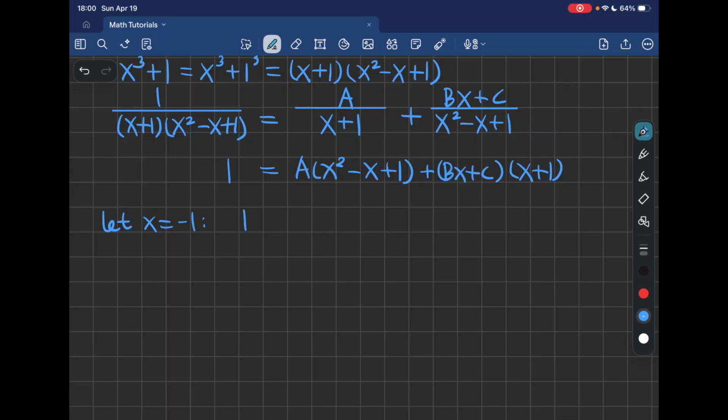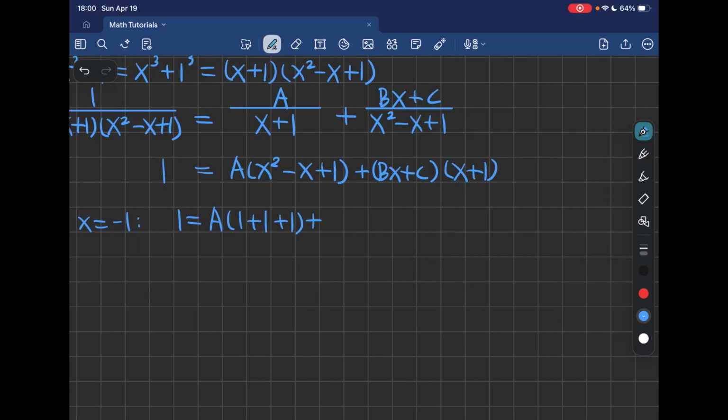So we will have 1 equals a times, we have 1 plus 1 plus 1, plus I have negative b plus c, then negative 1 plus 1.